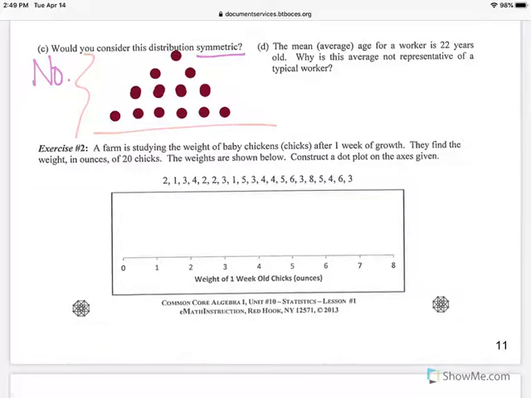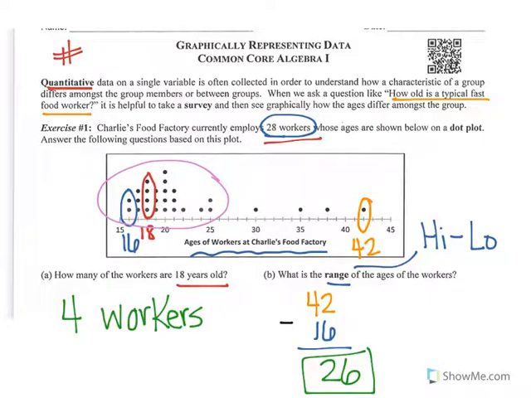Okay, part D. Part D says that the mean, otherwise known as the average, age for a worker is 22 years old. Why is this average not representative of a typical worker? So if we go back and we look at age 22, right?